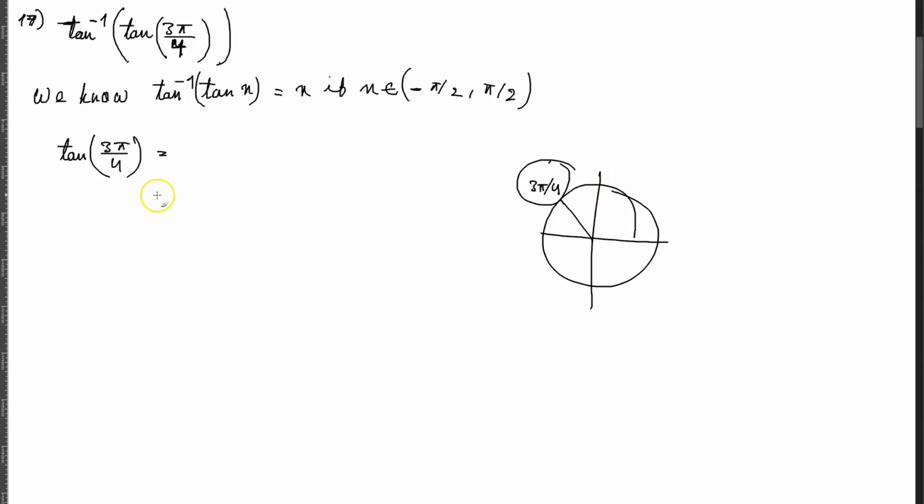And if I choose pi minus x, and if I write the tan of pi minus x, now since I have pi over here, tan doesn't change, it remains tan.